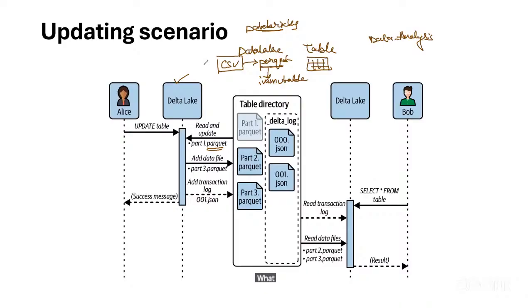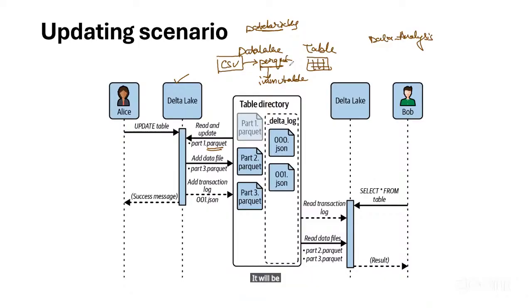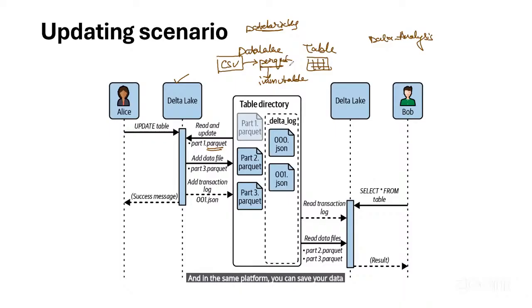What is Delta Lake actually in data analysis, in one word? Delta Lake is the place where you can bring your data in the raw format and you can write it into tables. You can connect your Power BI, Tableau, everything to those tables. It will be easier analysis rather than connecting to the raw data. It is a single platform where you can bring your data in raw format, you can transform it, and on the same platform, you can save your data in structured format.